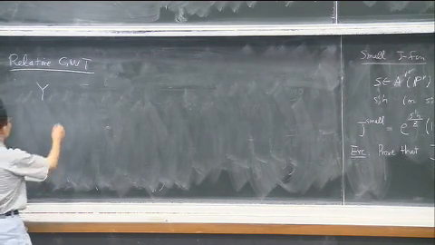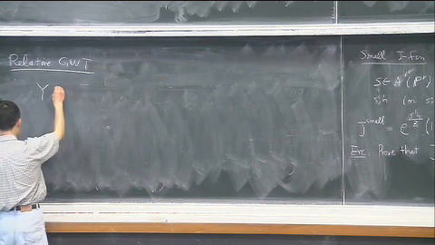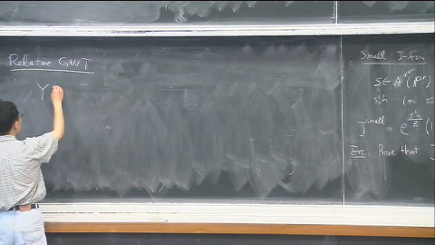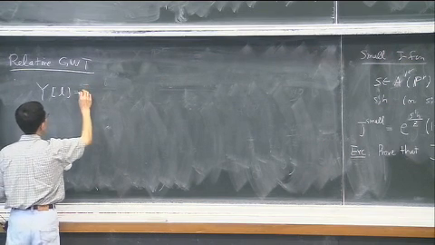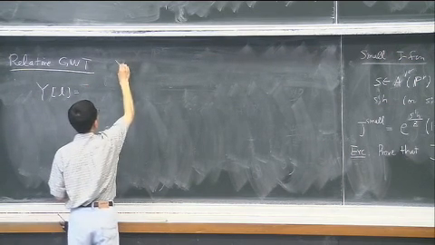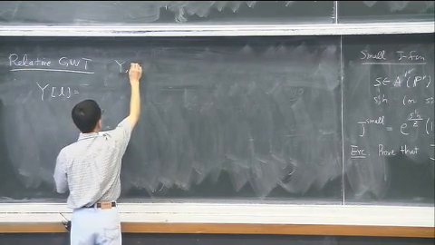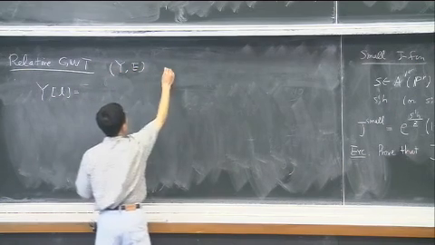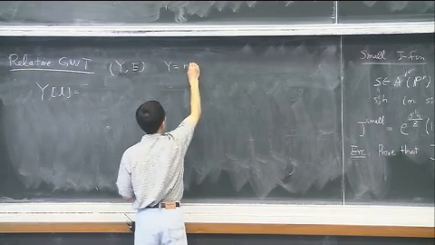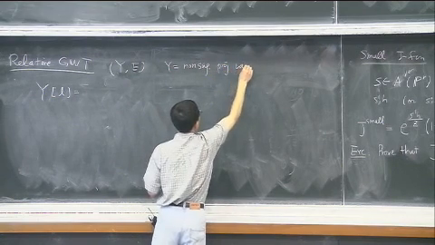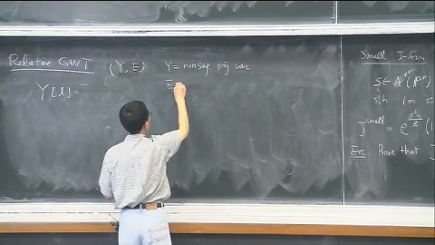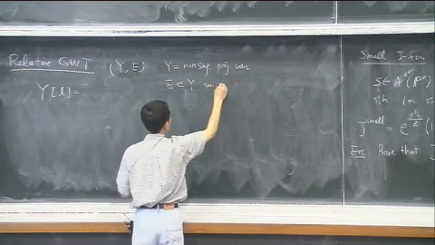I can first form this L. So Y is a non-singular projective variety, and E is a smooth divisor.